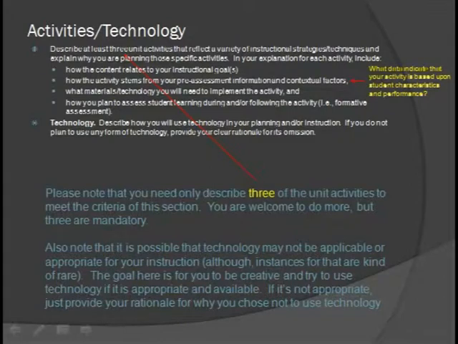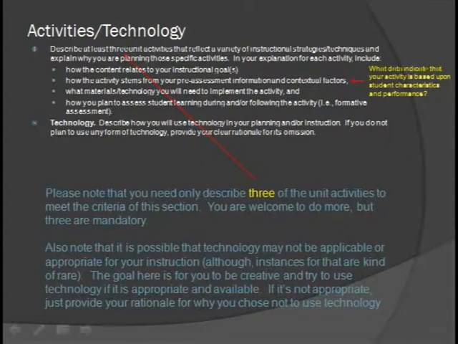The technology, I mentioned this before. If you're going to use no technology whatsoever, you will need to have a clear and logical rationale for it. If you're trying to teach a class of students how to shoot a foul shot, it may be that you don't have the necessary kinds of technologies to videotape them while they're doing that, or to in some way support their learning.